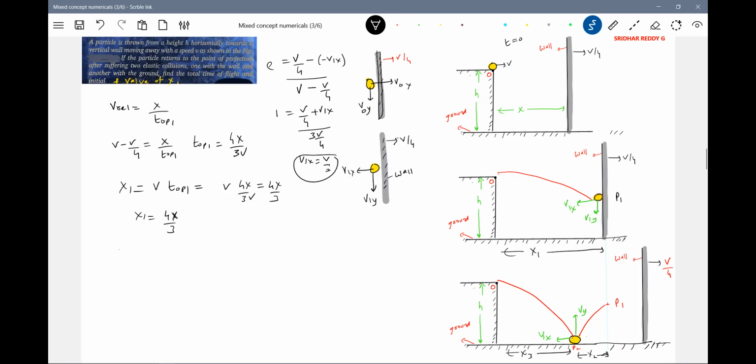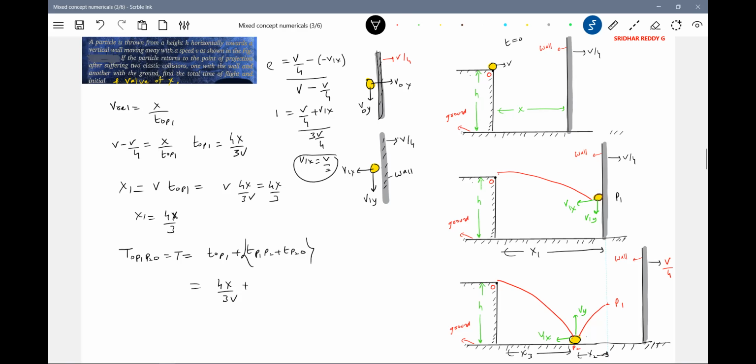So I'll break up this one. Total time of flight, TO, P1, P2, O. This I'll write: it should be equal to TOP1 plus TP1, P2 plus TP2. TOP1 we wrote as 4x by 3v, plus TP1, P2.